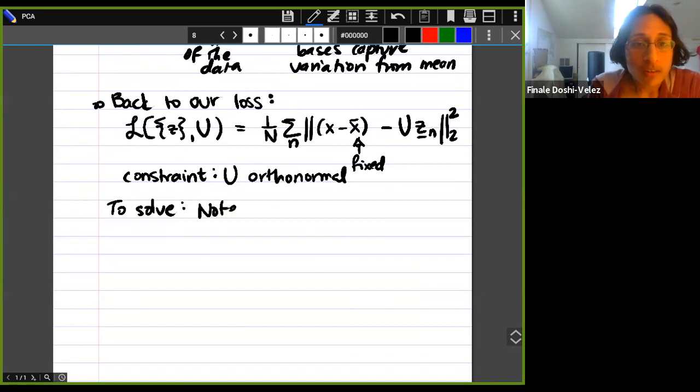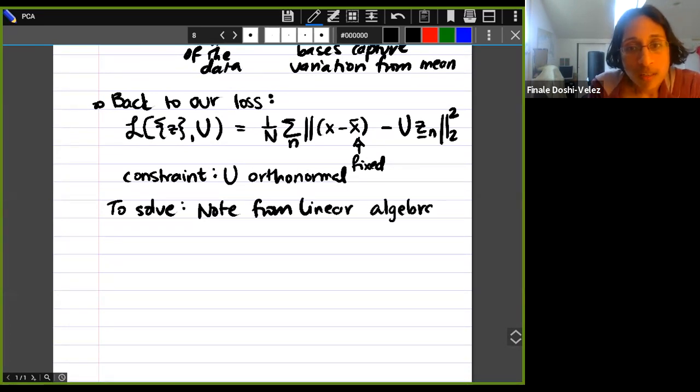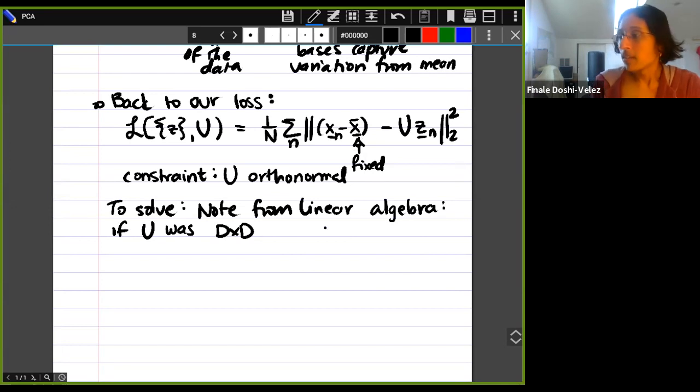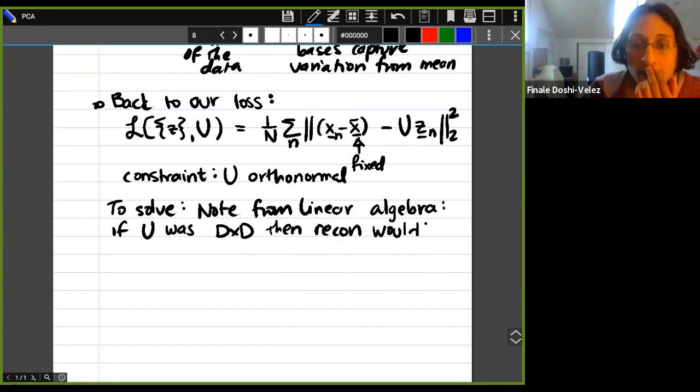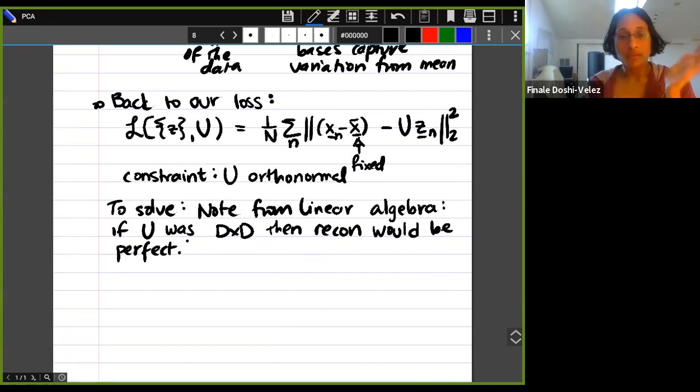let's note from linear algebra that if u was d by d, then the reconstruction would be perfect, because x is d-dimensional, and so if u is an orthonormal basis of dimension d, it might be some rotation in the x space from the current coordinates, but it's going to be fine.